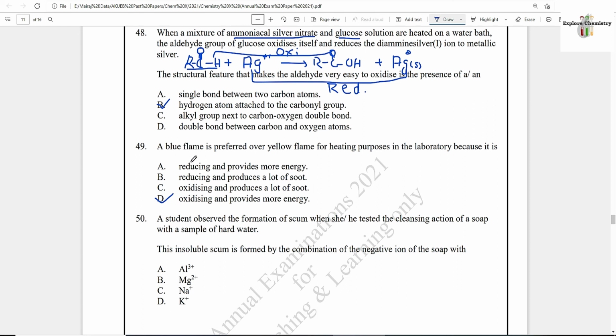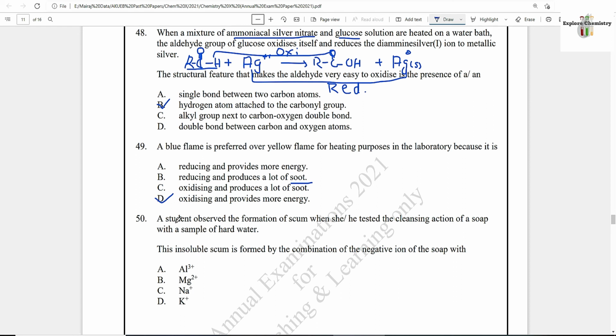Reducing, no, it will not be reducing and produce a lot of soot. Soot is a black colored compound. It is produced whenever you use a yellow flame in the laboratory. With a yellow flame, black soot will be produced on the apparatus which is being heated on the flame.